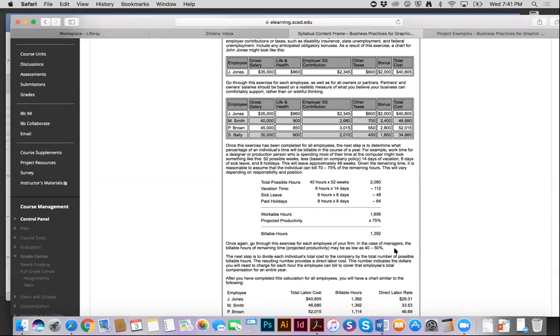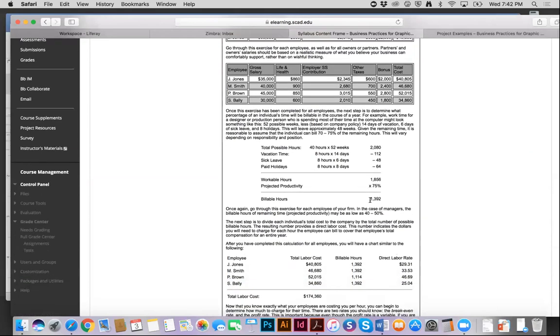They're saying people will hopefully be able to charge 75% of their time. Sometimes it's lower than that, and you want to keep it as high as possible. The document says an individual can bill 70 to 75% of the remaining hours, so that's where that came from.